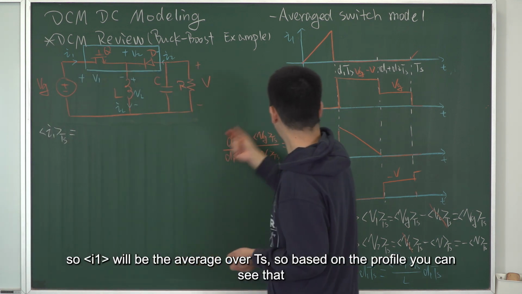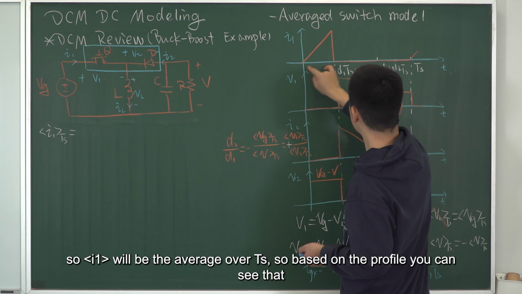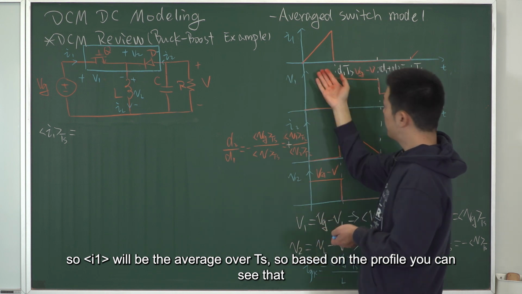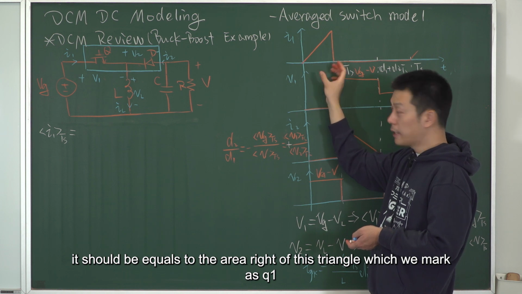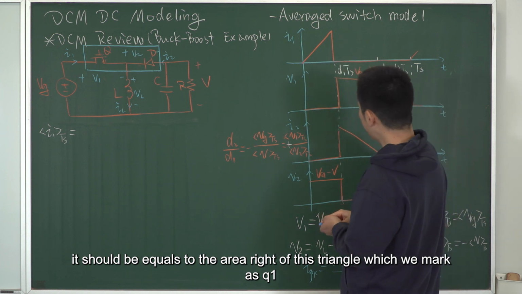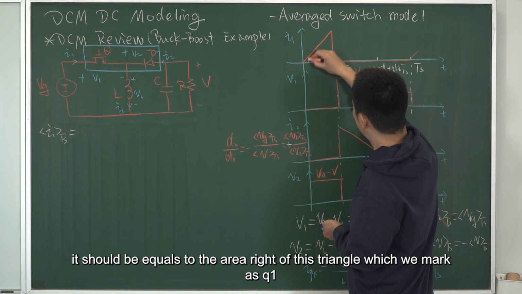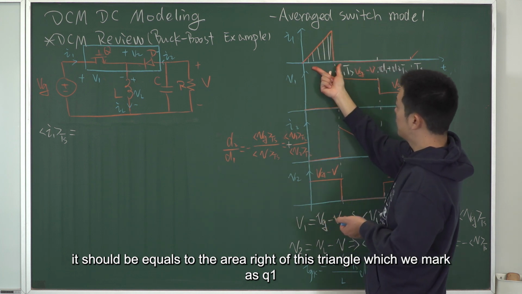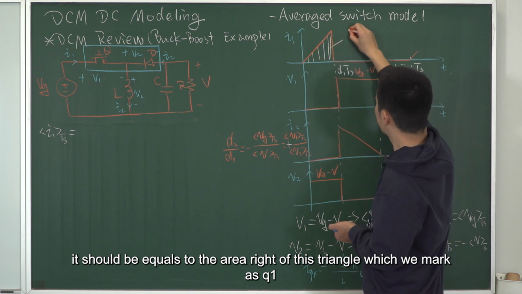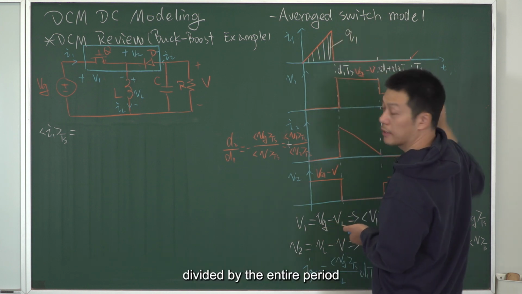I1 average will be the average over TS. Based on the profile, it should equal the area of this triangle, which we mark as Q1, divided by the entire period.